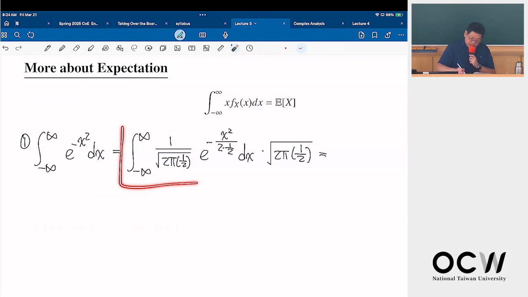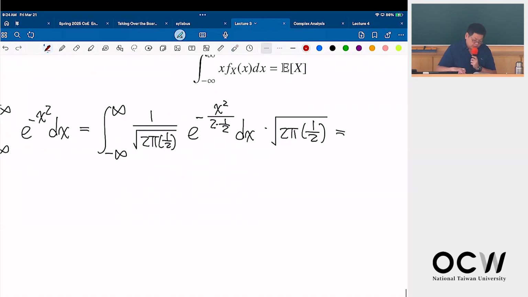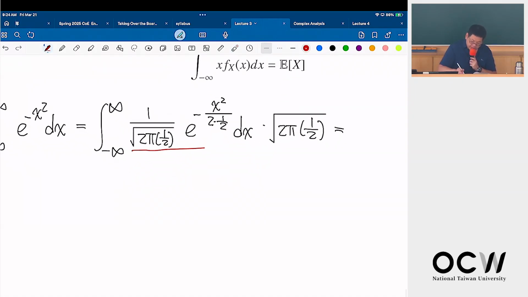What is this integration? Don't you think that's familiar? This first part is Gaussian, right? It's Gaussian, a normal distribution. What is the mean? Mean is 0, and variance 1/2. Why?